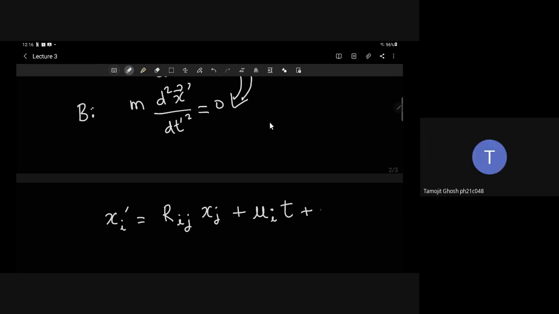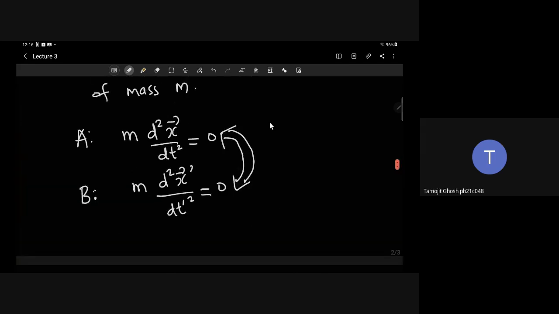So here the d square x dt square is representing the sum of all the forces in the frames, no? Means the sum of forces on all the particles in the frame. I can always add all the forces and call it one force. I don't care if there are 1 million things causing the forces.